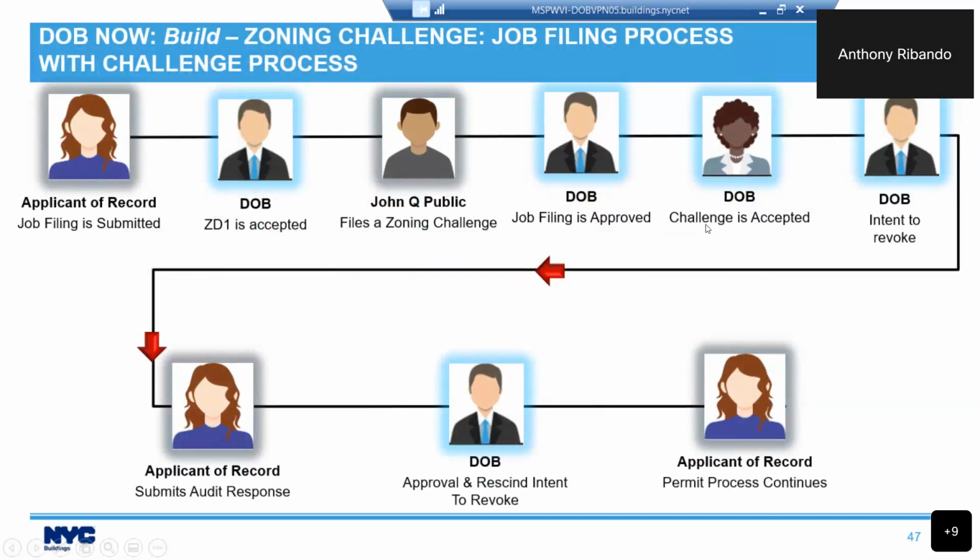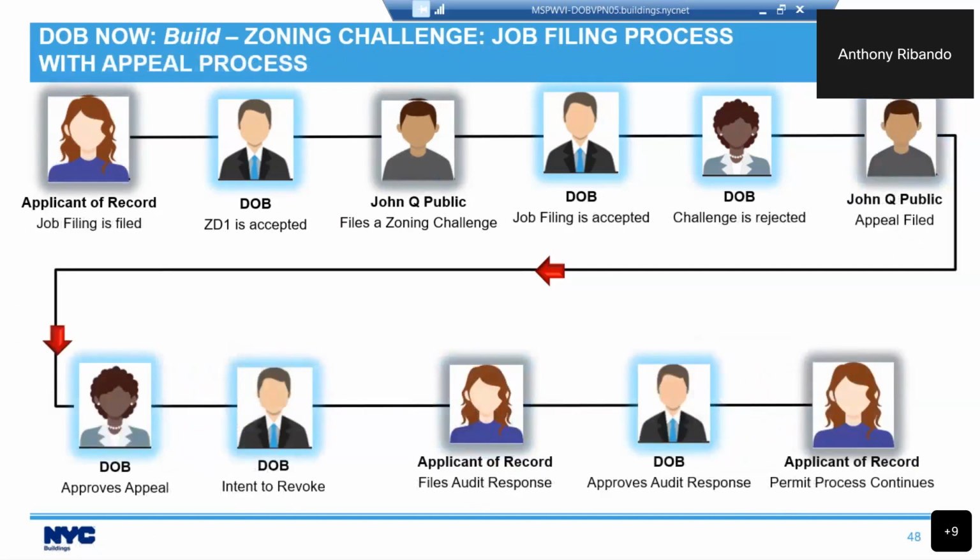The DOB will also issue that the challenge is accepted. And then the DOB may even have an intent to revoke over here. Now, if they do, the applicant of record would have to submit an audit response. The DOB will then approve or rescind the intent to revoke. And then lastly, the applicant of record can continue on with the permit process.